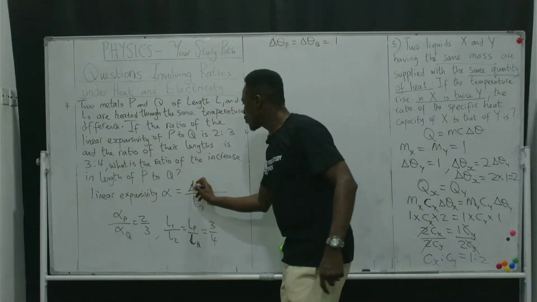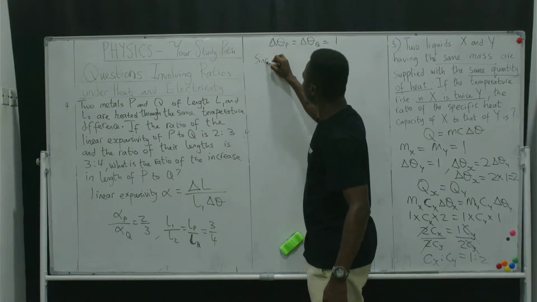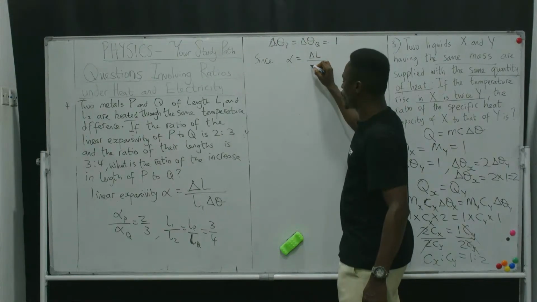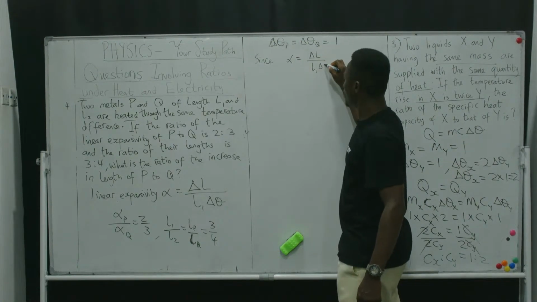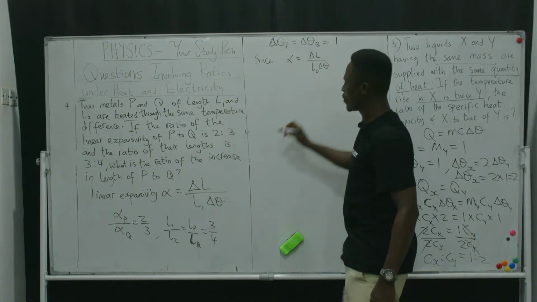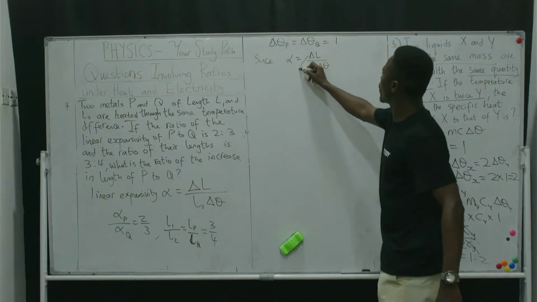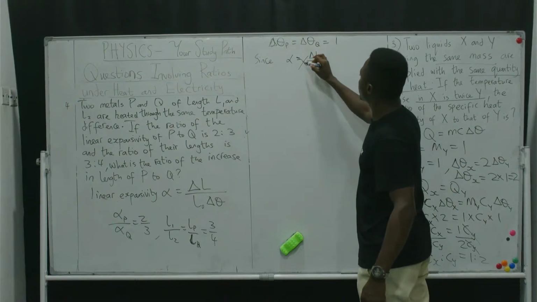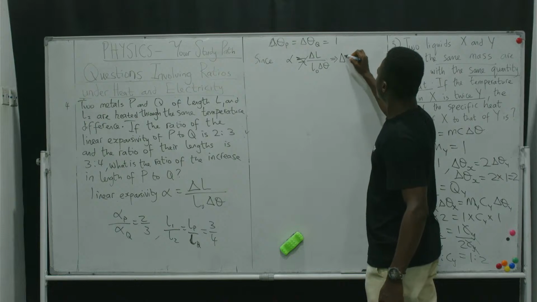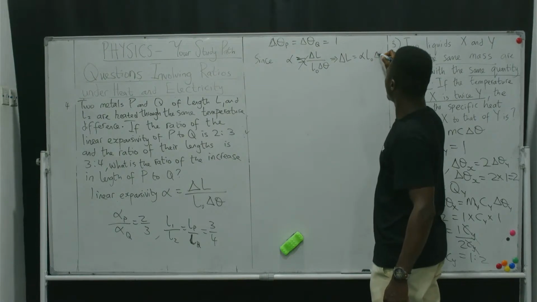Since alpha is equal to change in length over original length, then change in theta, if we cross multiply, let's use naught here to represent original length. The moment we cross multiply, I can easily say that change in L is equal to alpha L naught change in theta.